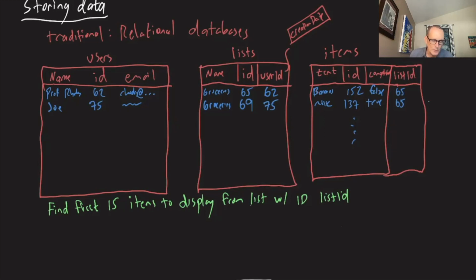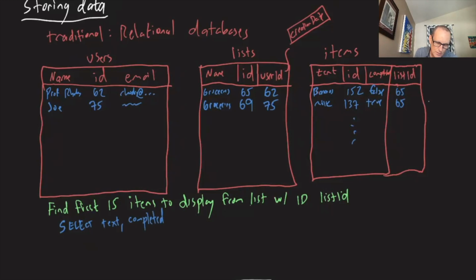So let's look at how we'll do that again. This is using SQL. So we're going to have to do something like this. We will select, let's say, the text. And what else will we need to know? We're going to need maybe the completed, because we're going to want to show whether it's completed or not.